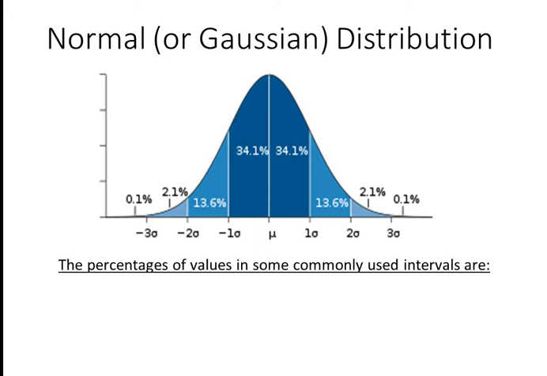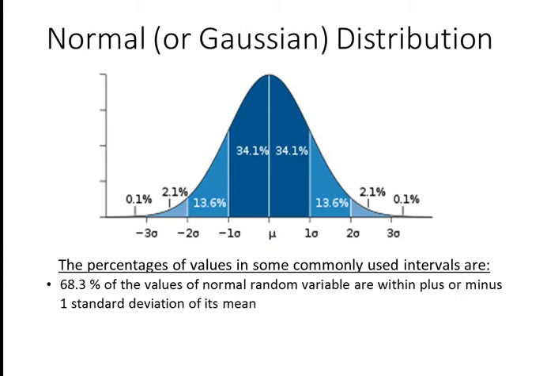That's because we always know the percentage of values that are in certain areas. So for example, 68% of all values of the variable, if the variable is random and normally distributed, will be within one standard deviation from the mean.